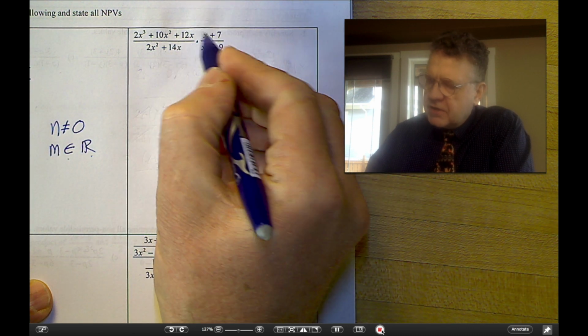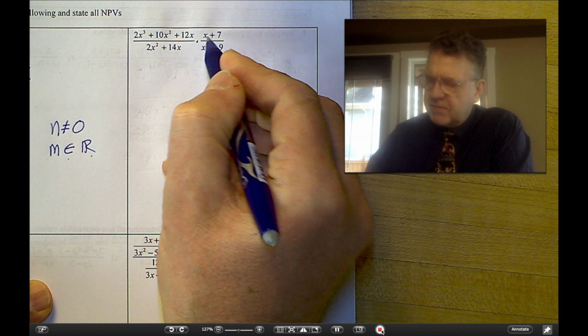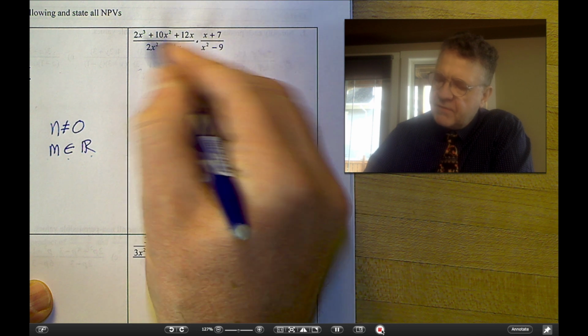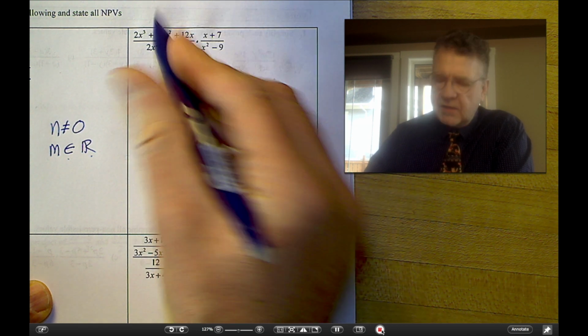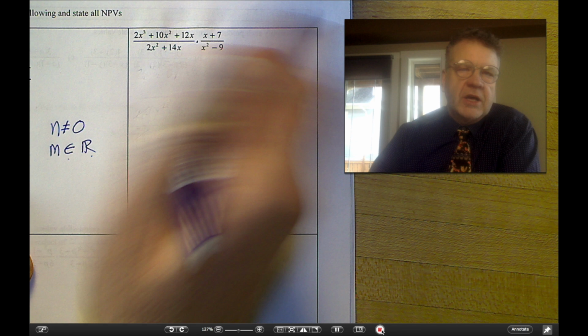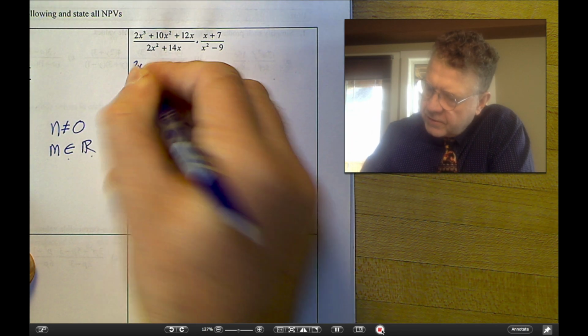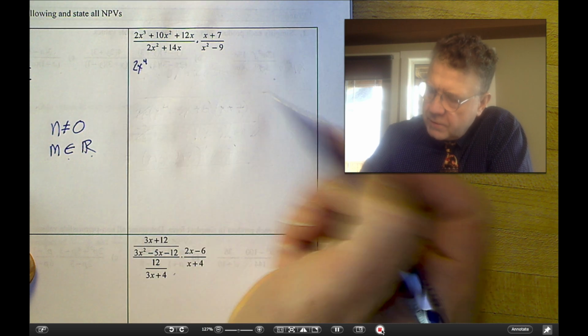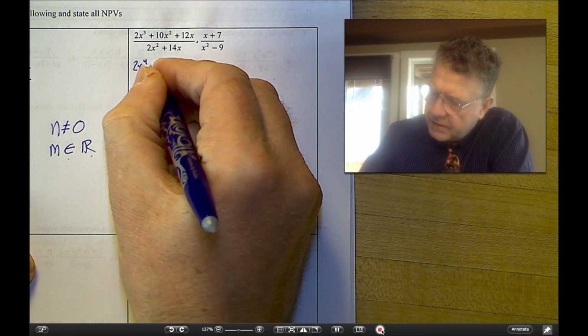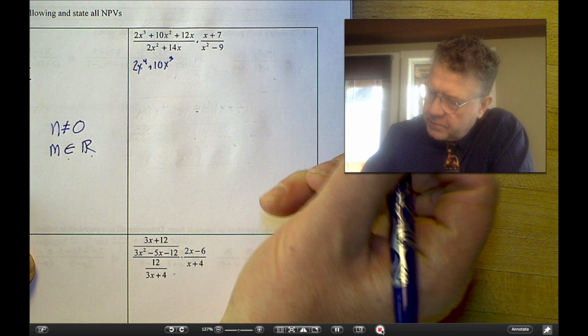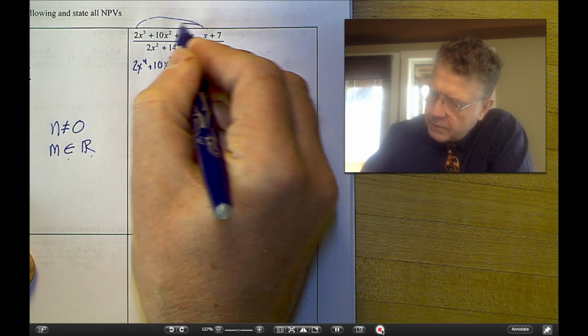You may want to just expand out the x plus 7 by multiplying x times every term and 7 times every term. Well, if you do that, what are you going to get? You're going to get 2x to the 4th plus 10x cubed. See what I'm doing? I'm going like this, right?